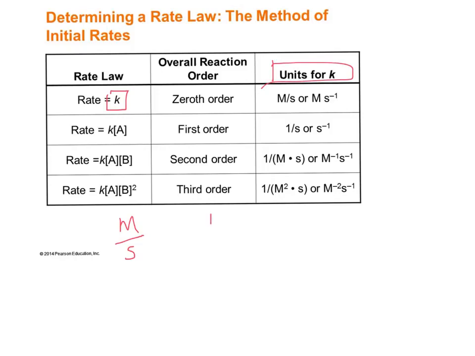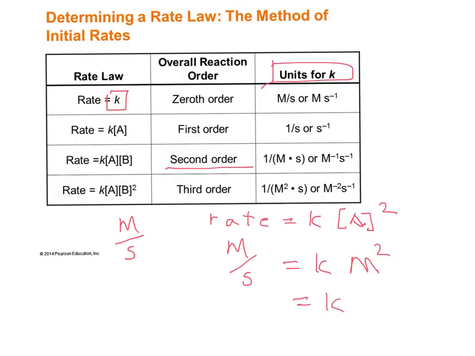For example, if I have a rate law that's second order, right? I have a squared. What are my units of K going to be? Well, I know my rate has to have units of molarity per second. I know that whenever I see those square brackets, that's chemical shorthand for molarity, so I know I have molarity squared.